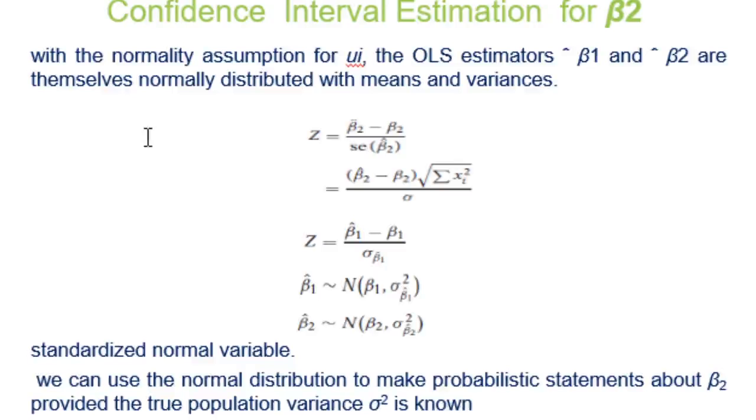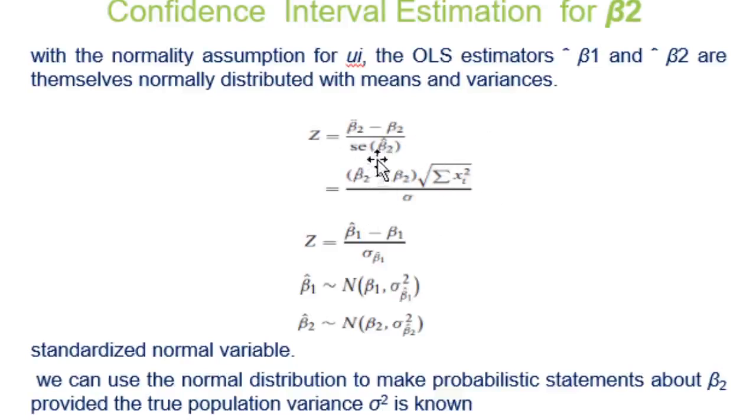Now we will estimate the confidence interval for beta 2. We know that with the normality assumption of u i, the OLS estimators beta 1 cap and beta 2 cap are themselves normally distributed with mean and variance. That is, Z equals beta 2 cap minus beta 2 divided by the standard error of beta 2 cap.